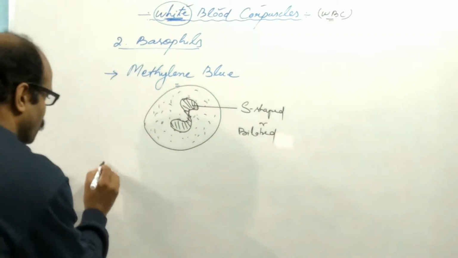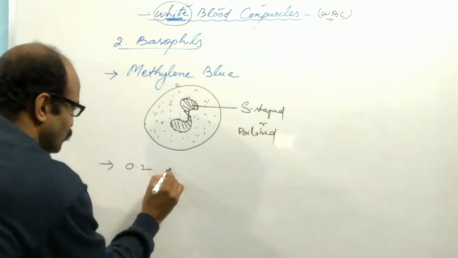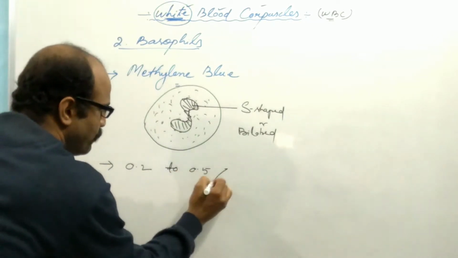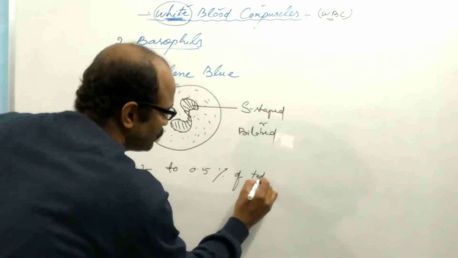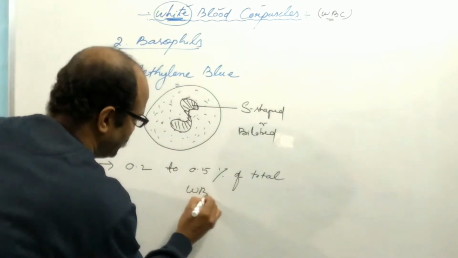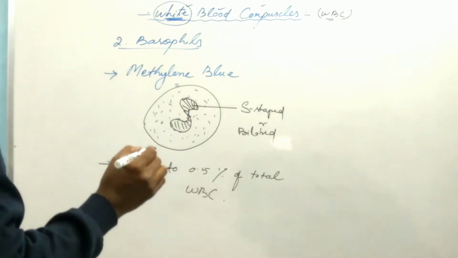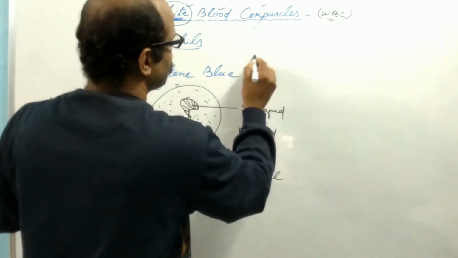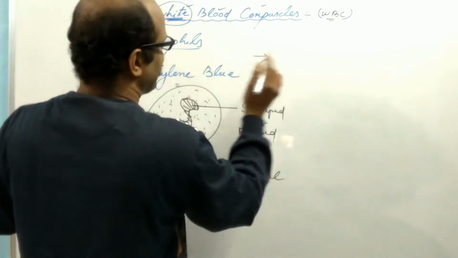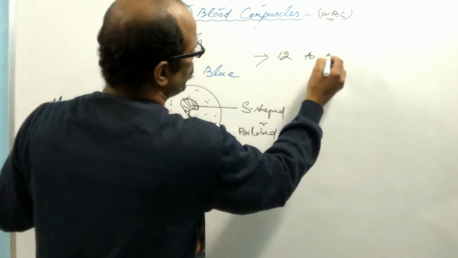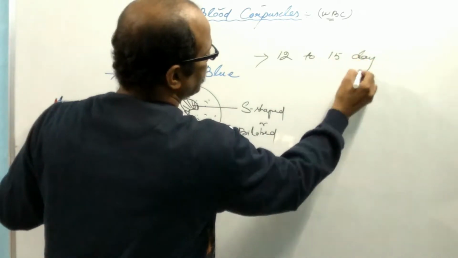It constitutes 0.2 to 0.5% of total WBC, and the lifespan of basophil is 12 to 15 days.